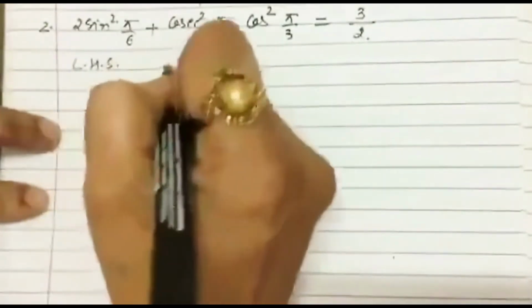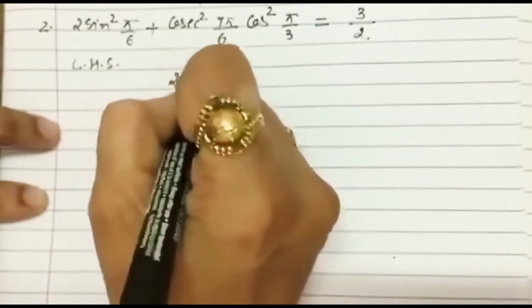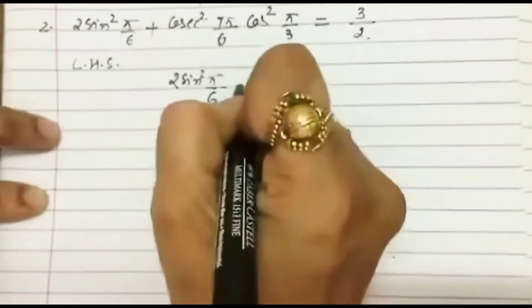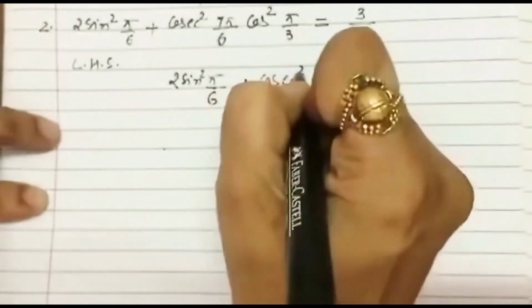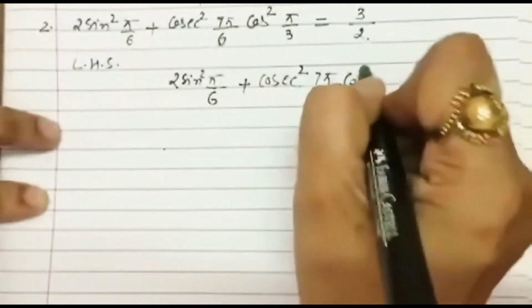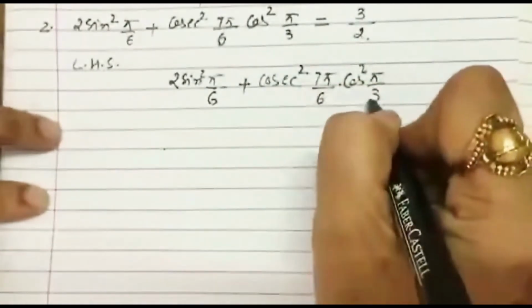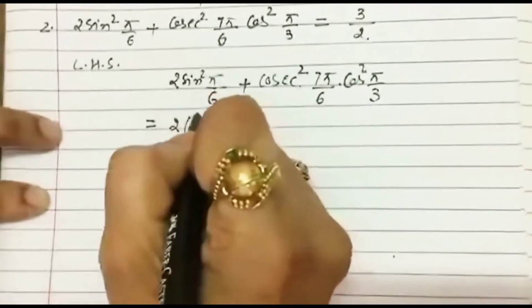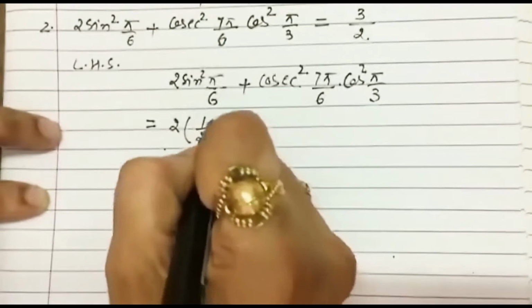It is given 2 sin² π/6 plus cosec² 7π/6 into cos² π/3. That's the LHS. Now here substitute the value, sin π/6 is 1/2.